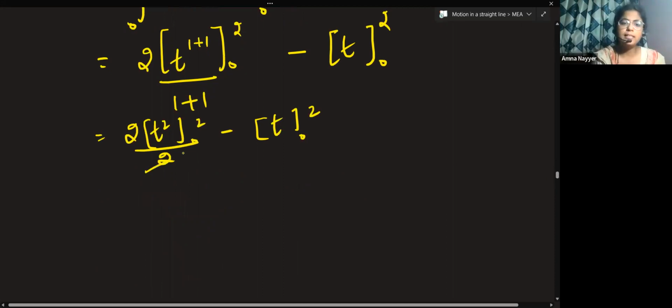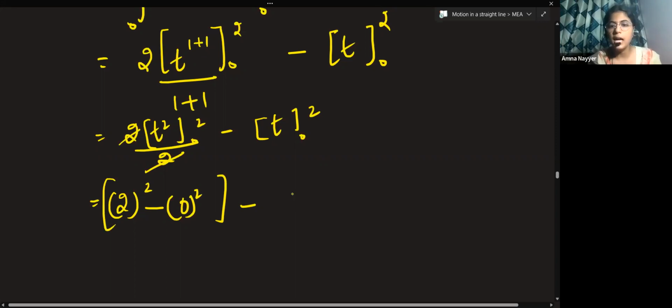See, the 2 will get cancelled, so no need to worry about it. First put the upper limit, so 2 square, then add a negative sign and put the lower limit, 0 square. This is the first term, minus the second term: upper limit, power is 1, minus lower limit, power is 1.